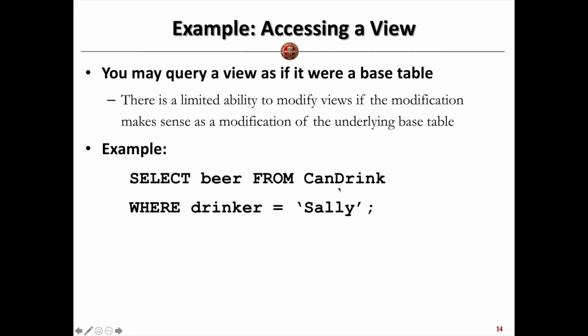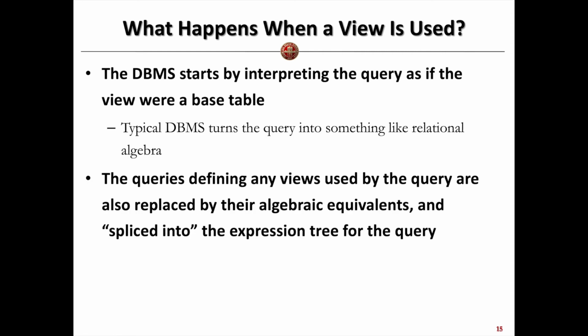However, the system never creates a table for CanDrink. And we can clarify this more clearly. What will happen if a view is used? The DBMS will interpret this query as if the view was a base table.